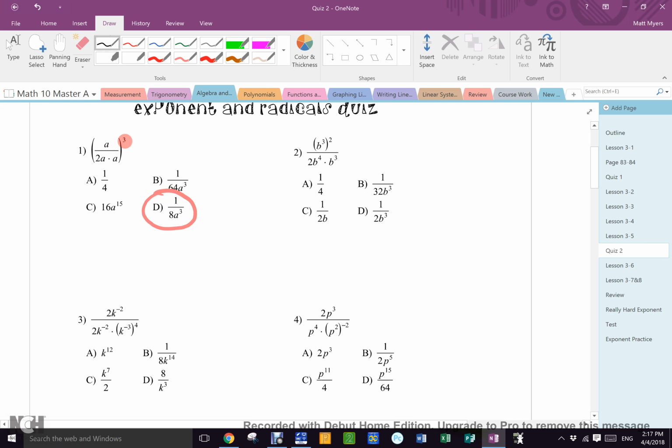So, that 3 has to go everywhere, right? So I get a cubed over 8, a to the 6th, because those two a's are going to make a squared, right? So I got 3 a's up there and 6 a's down there. What's 3 minus 6? Negative 3, right?